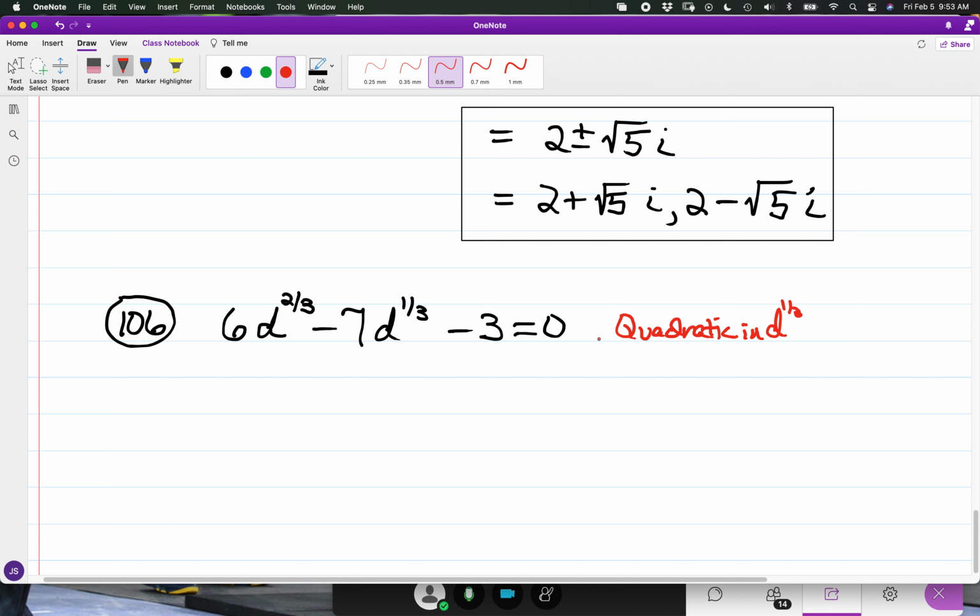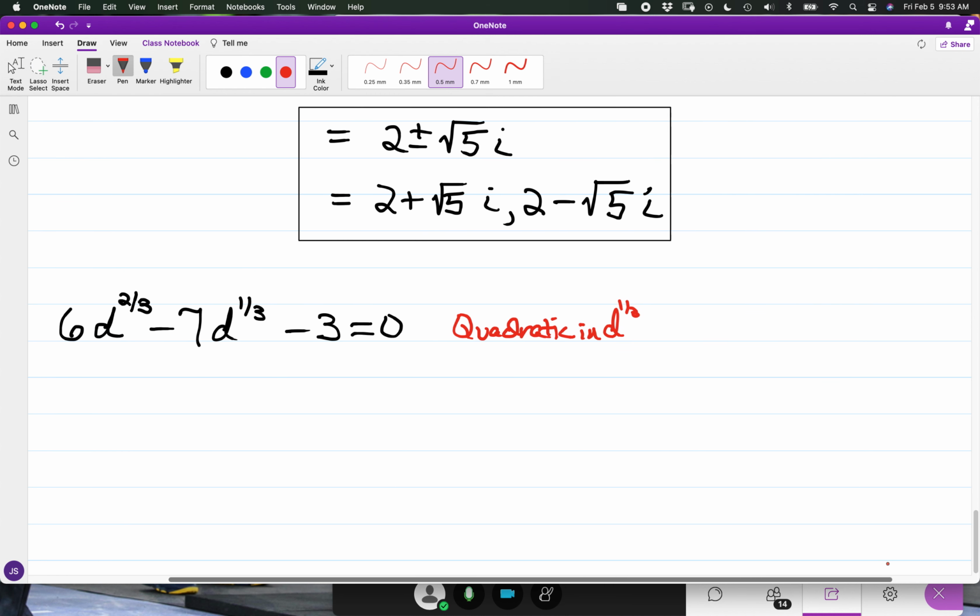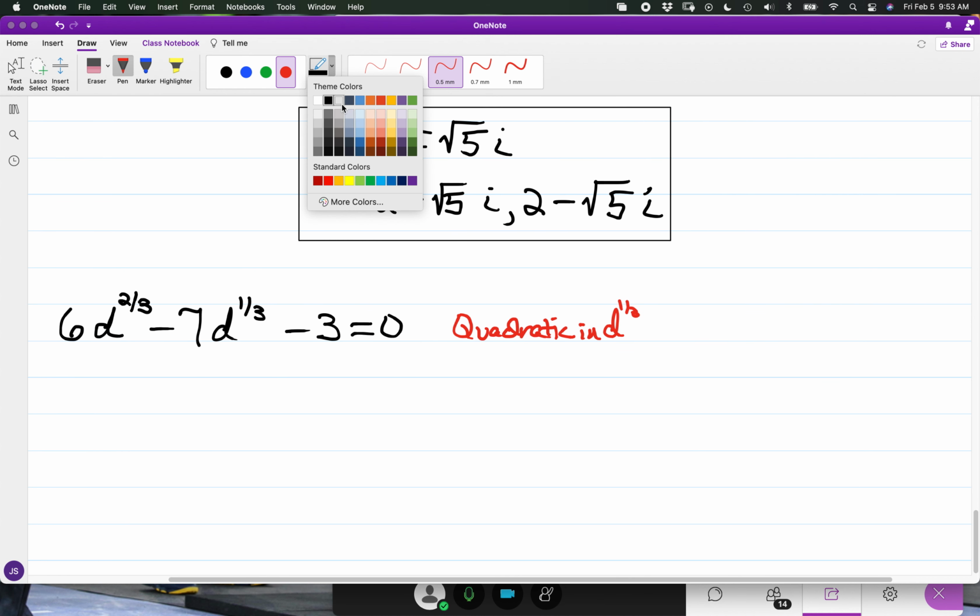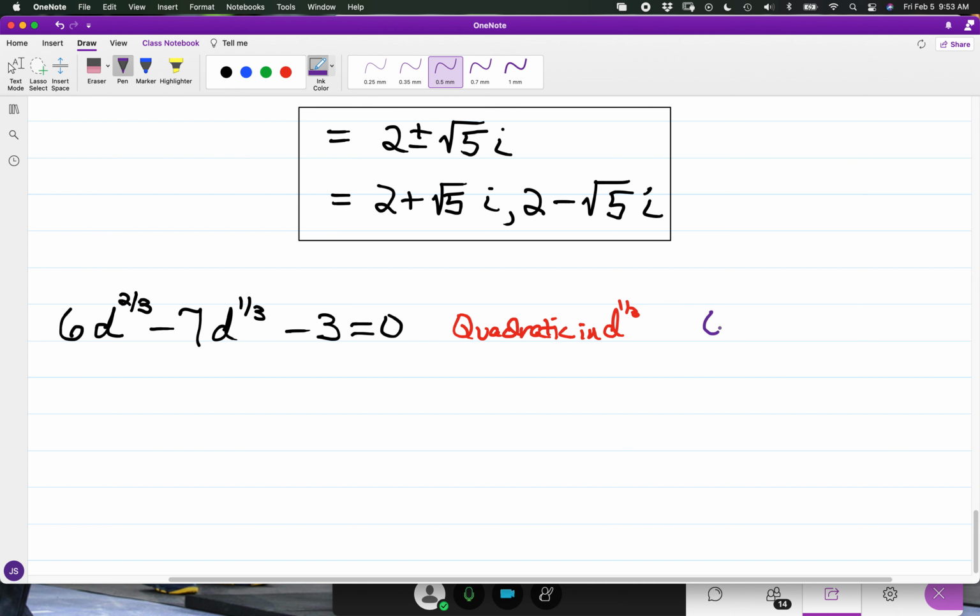In terms of what to do regarding the setup so as to factor, I'll just mention this is going to run in analogous fashion to 6x squared minus 7x minus 3, at least in terms of factoring.